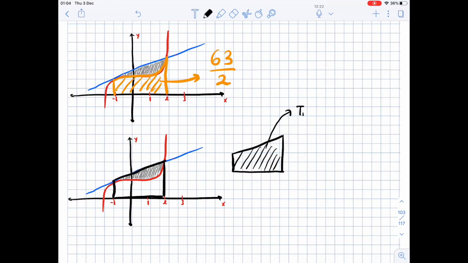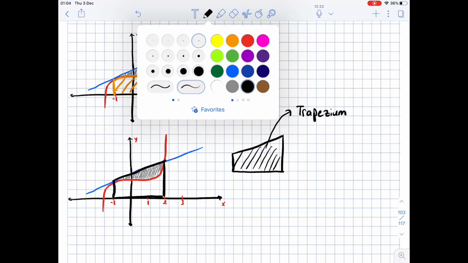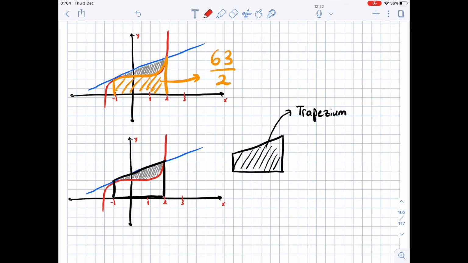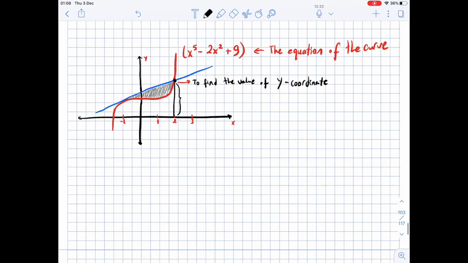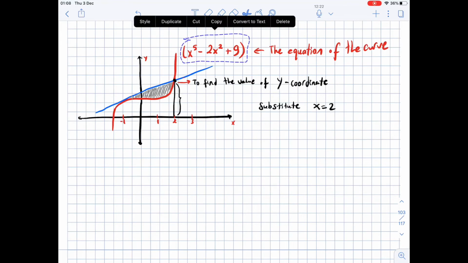To find the bottom and top side, I need to replace x with 2 and -1. After that, I'm going to find these lengths. This is the top of the trapezium. To find the length of the top, we need to find the y coordinate.